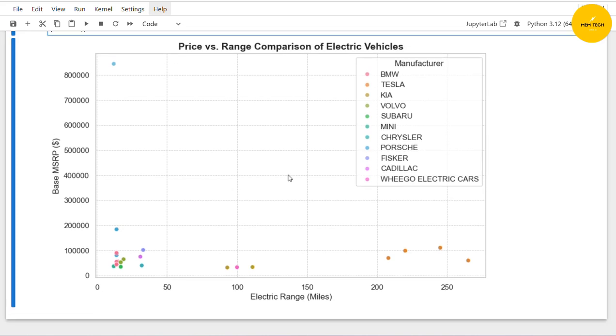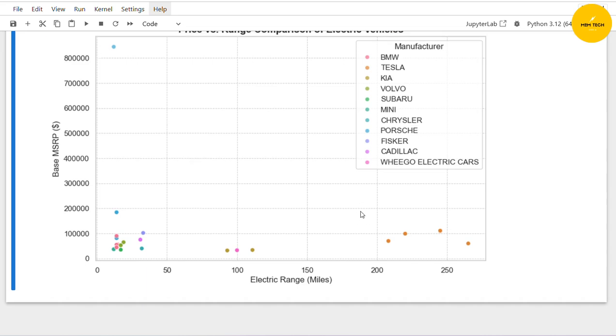It shows that the higher-end EVs generally occupy the higher price and higher range segment, suggesting that premium models offer extended travel distances, while lower-priced EVs tend to cluster around short ranges, indicating that they are potentially more suitable for urban or city driving, where long range is less critical.